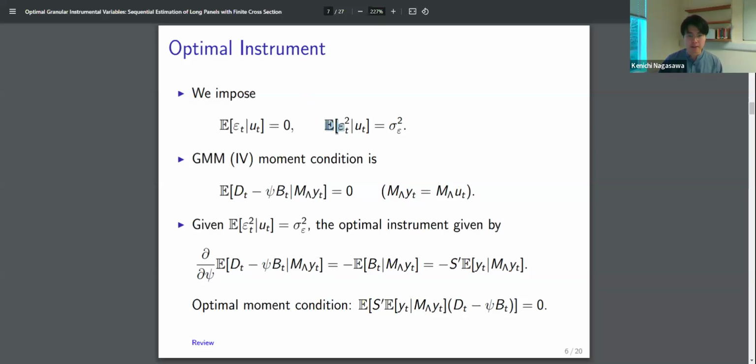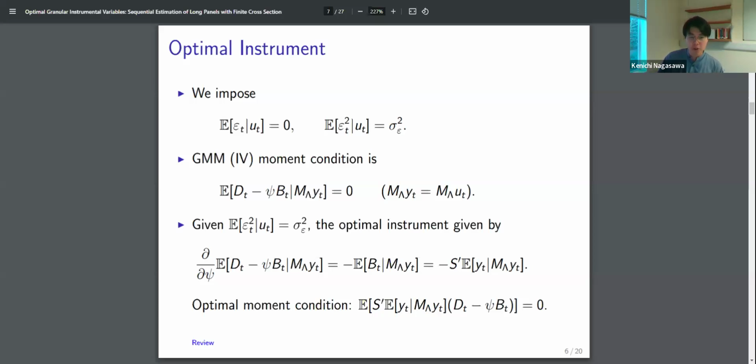We also assume that the structural error has conditional homoscedasticity, which simplifies the formula of the optimal instrument. Assuming this condition on the idiosyncratic shock, we can rewrite the GMM moment condition. If you pick the right parameter psi, this difference will be epsilon, and so it will be conditionally mean zero because m of lambda, y_t is a function of u_t. So this is the moment condition that we start with.